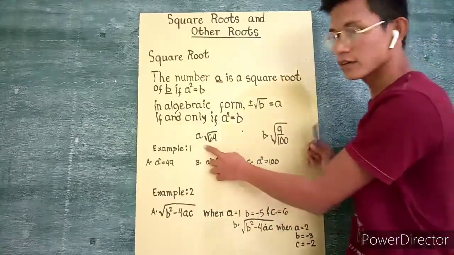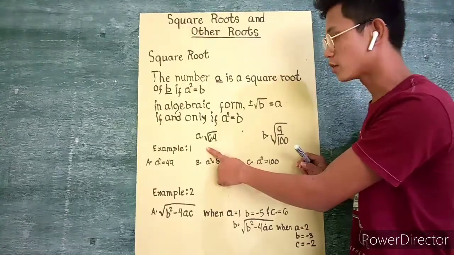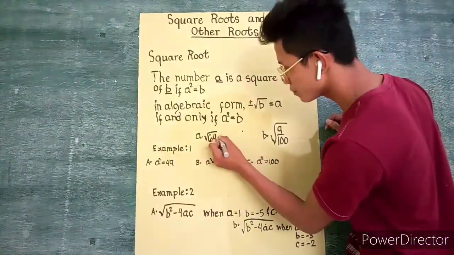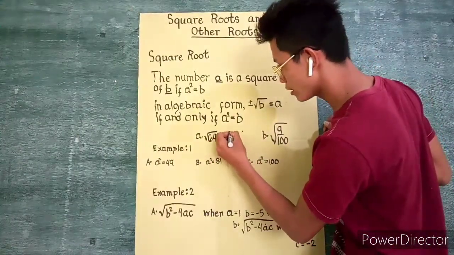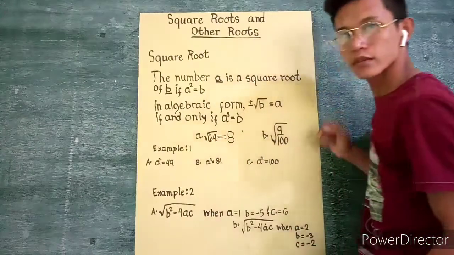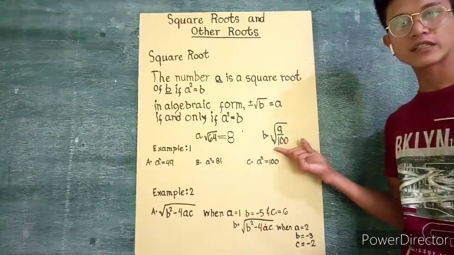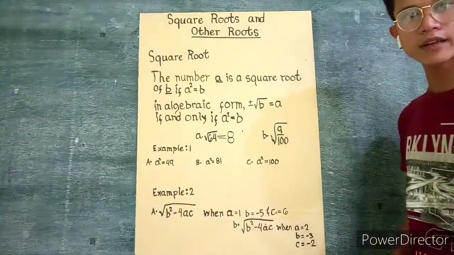Example, we have the square root of 64. So what is the square root of 64? It is equal to 8. Next, we have a fraction inside the radical symbol. We have the square root of 9 over 100.